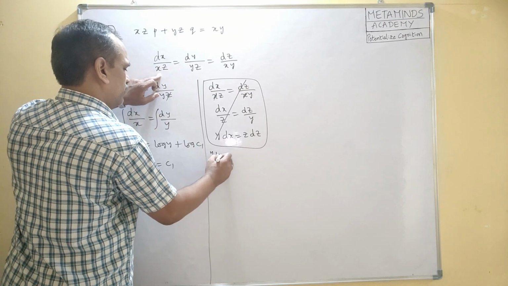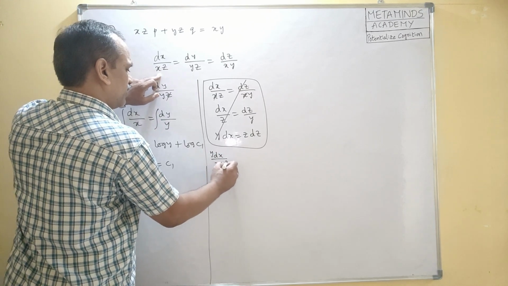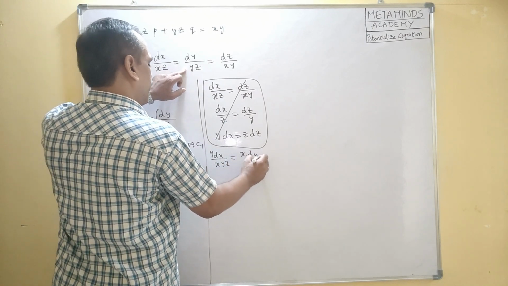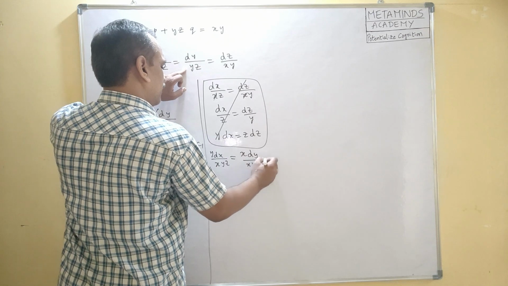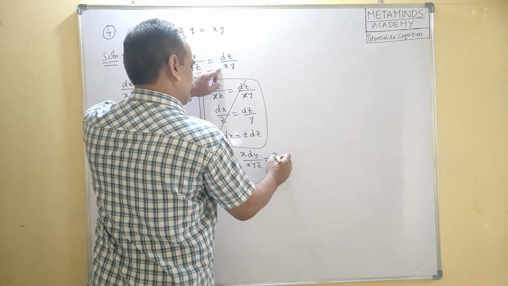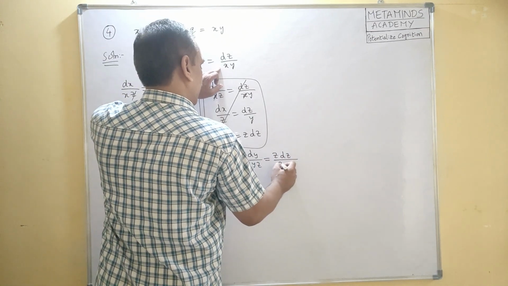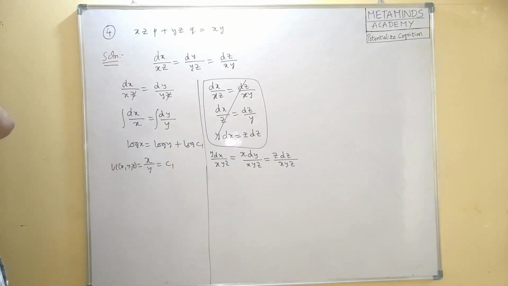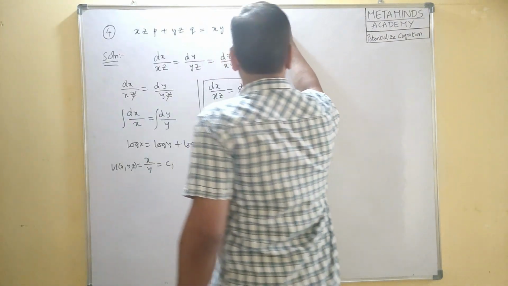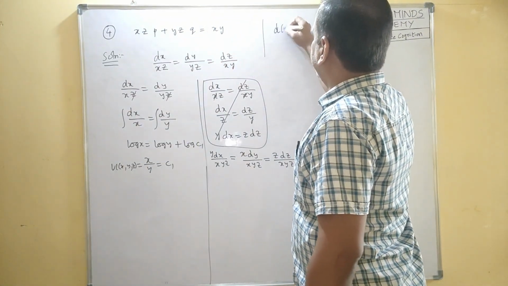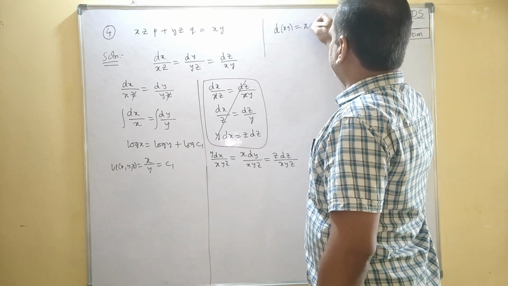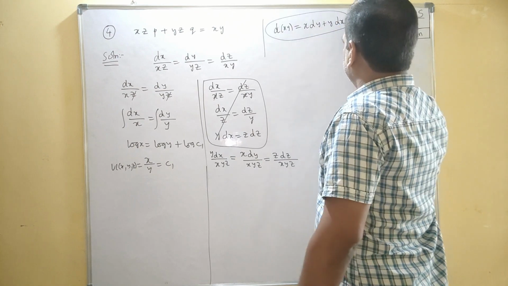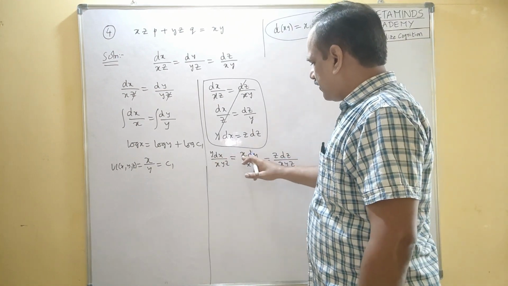y dx by xyz. You multiply this by x dy by xyz equal to z dz by xyz. Now we have some standard formulas here. d of xy is x dy plus y dx, UV rule. So you have y dx and x dy.